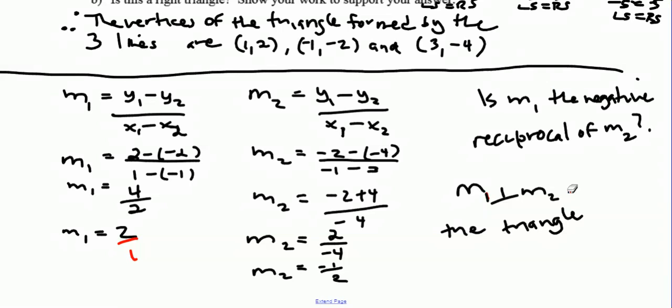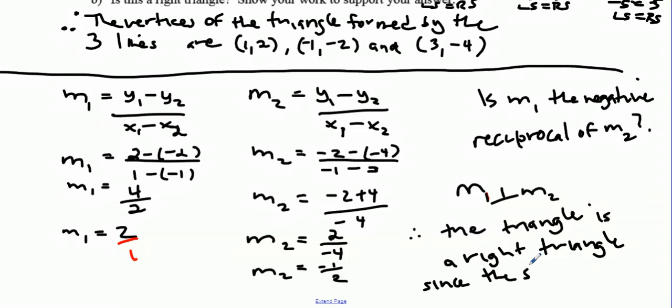So m1 is perpendicular to m2, therefore the triangle is a right triangle, since the slopes are negative reciprocals. Okay. Done. That's the end of the lesson. Thanks for listening.